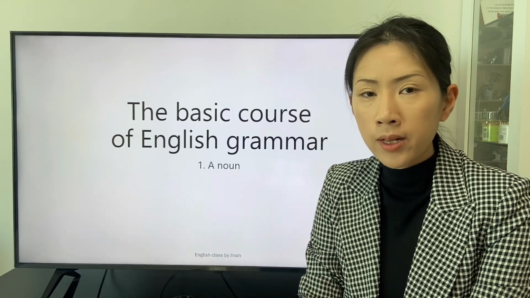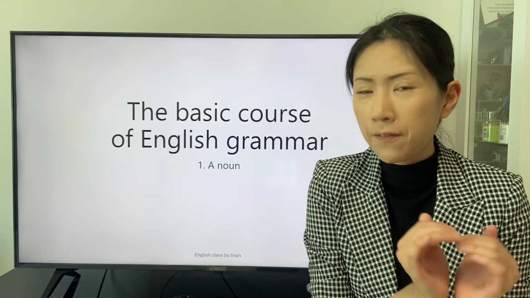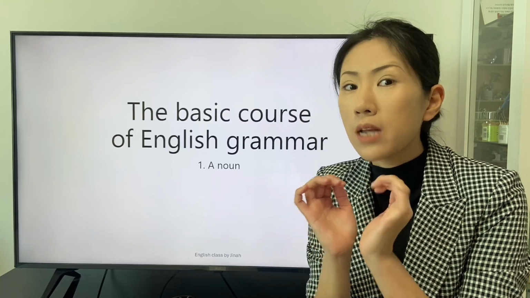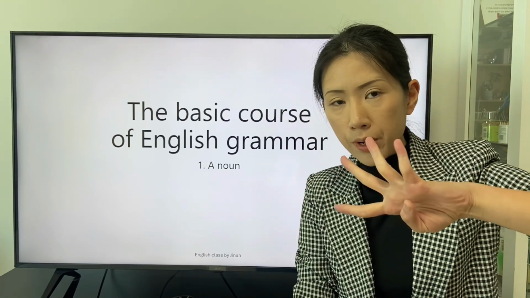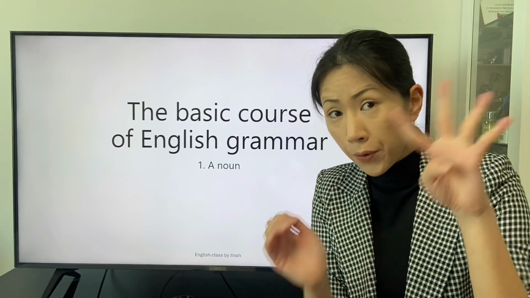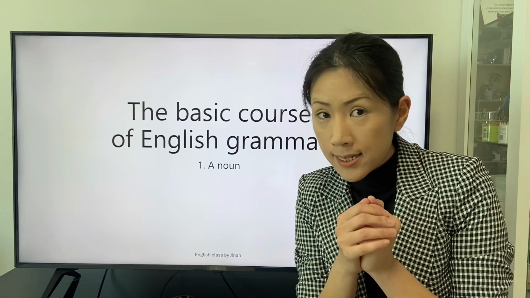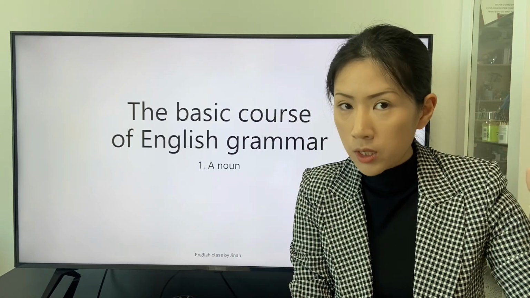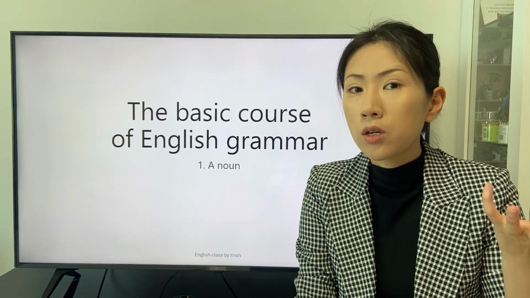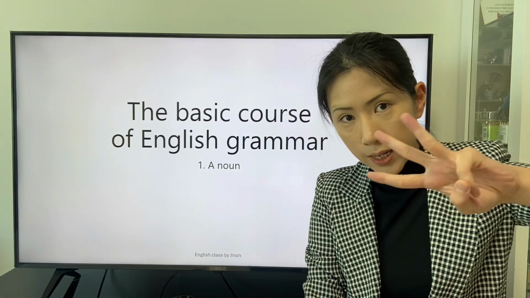Today's class will start with the definition of a noun, and then we will classify the nouns into 4 criteria. To classify the nouns into 4 criteria, we will ask 2 questions. The answers for the first question are 3.